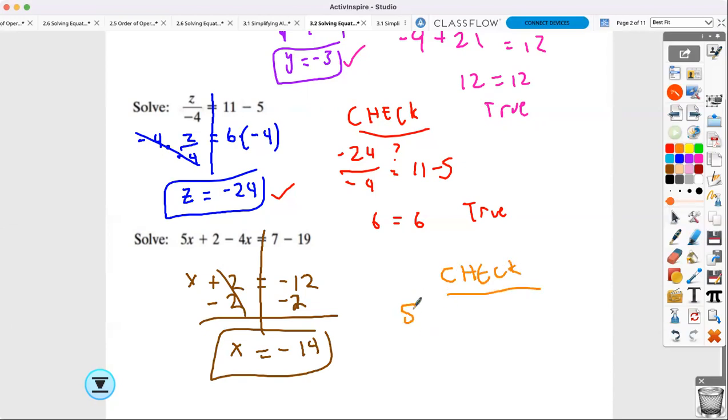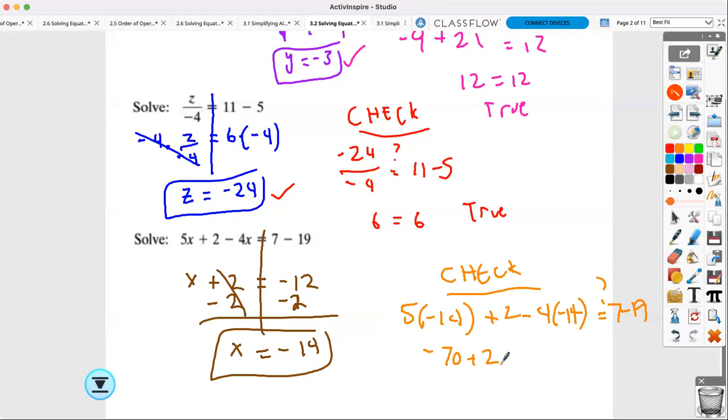So then I get 5 times negative 14 plus 2 minus 4 times negative 14 equals 7 minus 19 question mark. You're gonna have to use your calculator if you have to sometimes. So 5 times negative 14 is negative 70 plus 2.